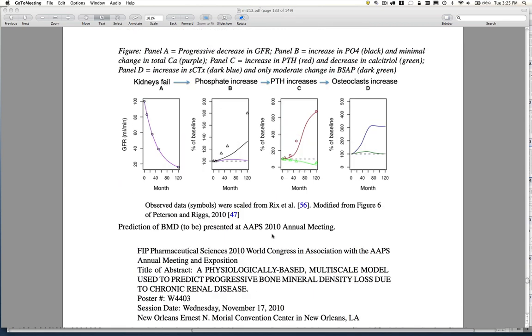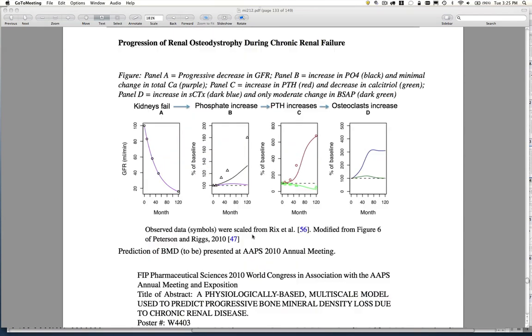But I'll update the meeting notes to show that soon as well. So again, this isn't why we developed the model, yet it's very useful: if you're going into a population that's undergoing chronic renal failure, and you want to know what's going on with the bone, you can use a descriptive model like this.